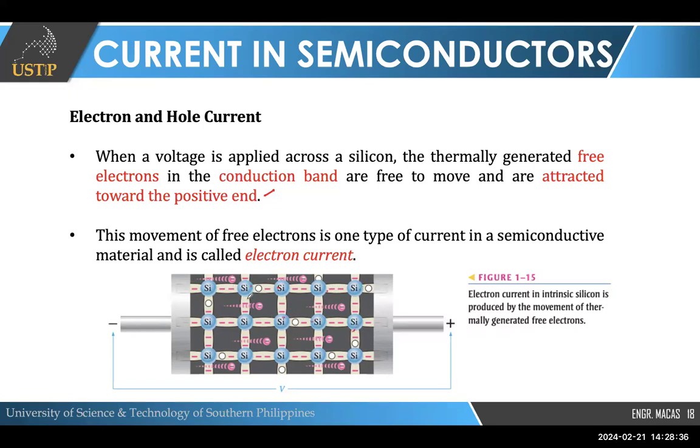The electrons will jump from one atom to another in a manner that is fairly uniform, because the voltage applied makes the electrons go toward the positive end. Now this movement of free electrons is what you call the electron current.